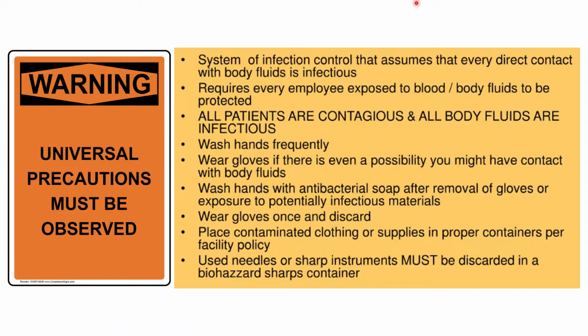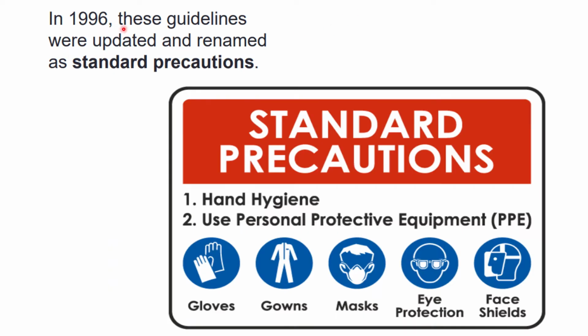That's why, class, in every section of the laboratory, universal precautions must be observed and are posted there to always remind us to be cautious at all times. In 1996, the universal precautions and guidelines were updated and later renamed as standard precautions.